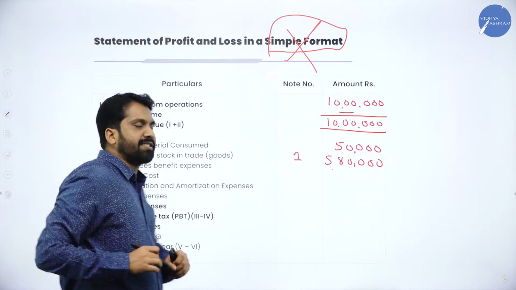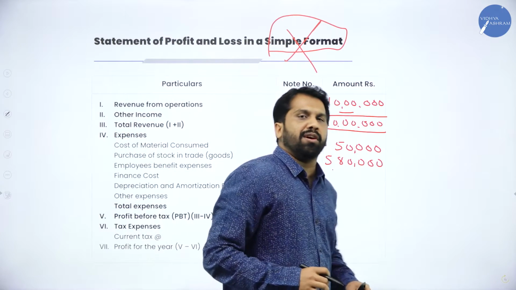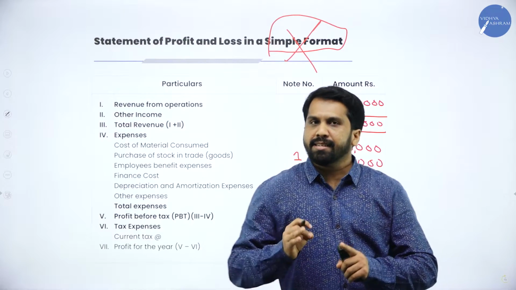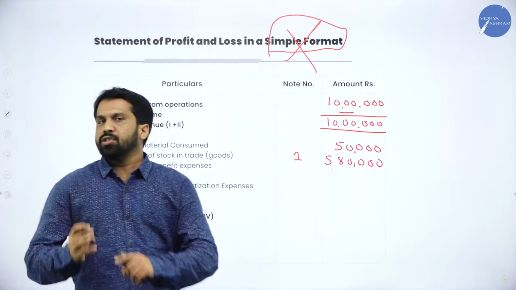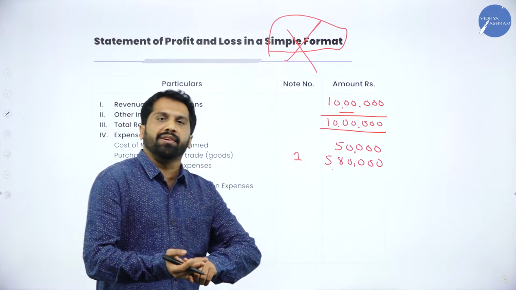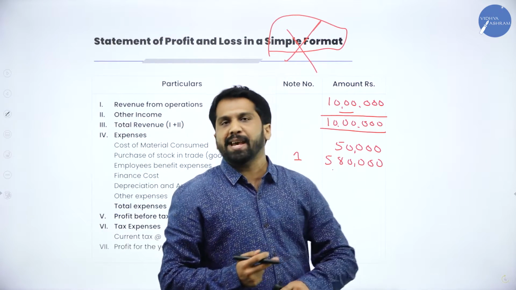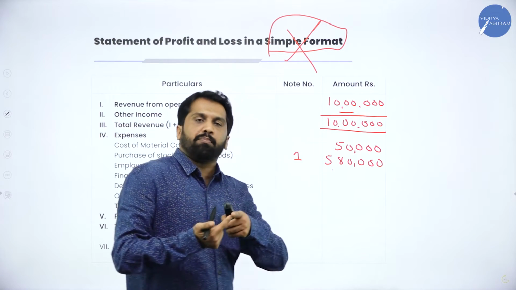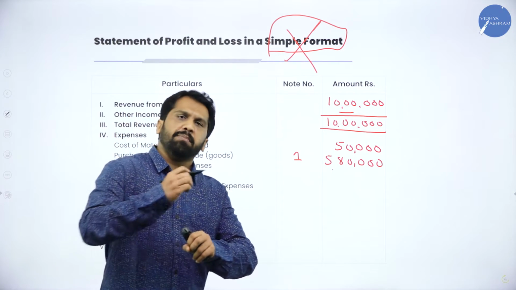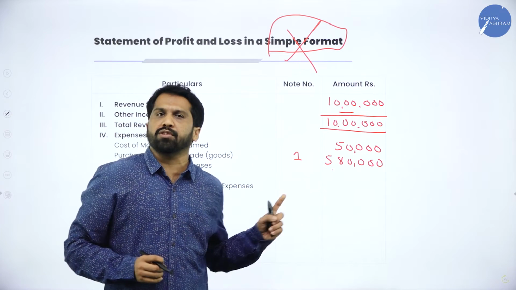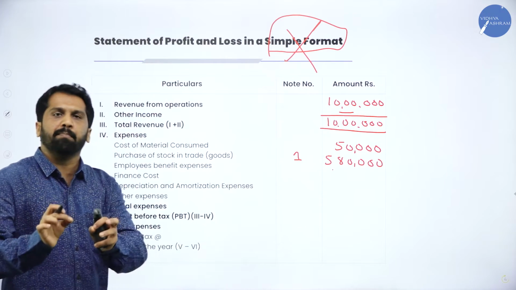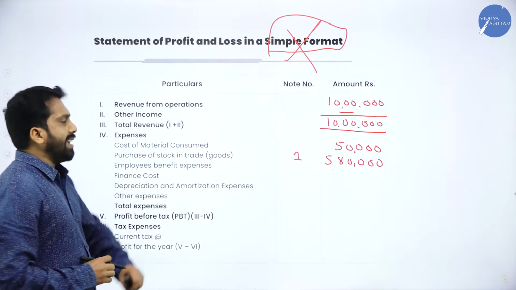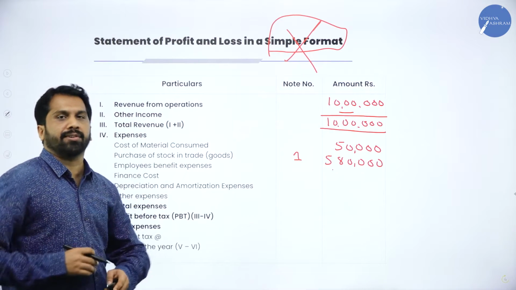Employee benefit expenses. Under employee benefit expenses, what are the things you will get? Yes, salary of employees, bonus of employees, leave encashment, any provident fund, any benefit given to employees, we should consider under employee benefit expenses. I'll go back to your question.